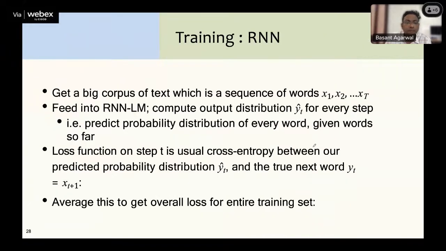Now we'll see how we train the recurrent neural network. In a standard multi-layer neural network, we use the backpropagation process. We give the input and compute the output.